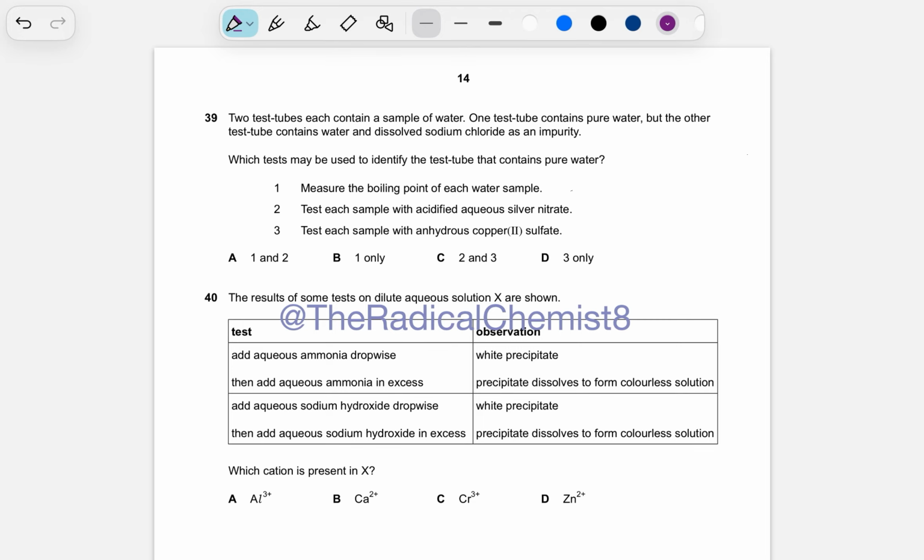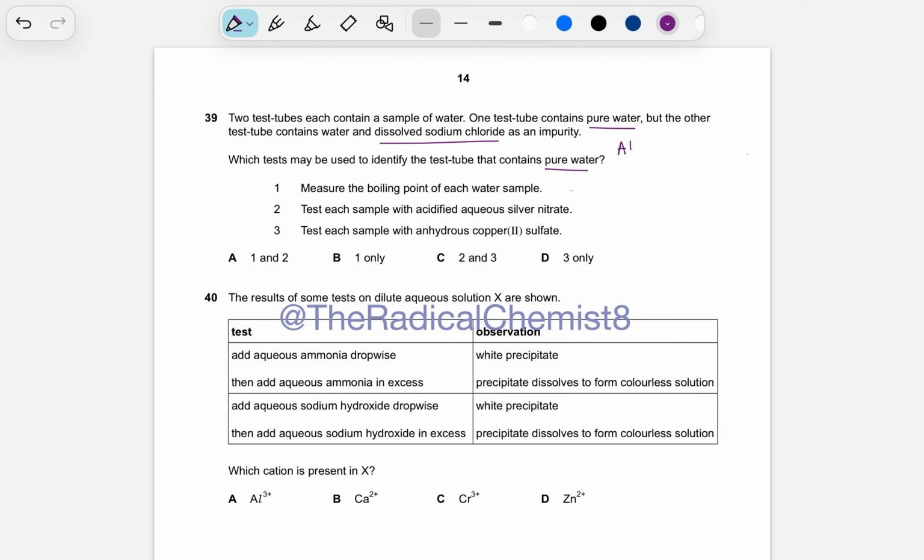Next, two test tubes each contain a sample of water. One test tube contains pure water, but the other one contains water with dissolved sodium chloride as an impurity. Which tests may be used to identify the test tube that contains pure water? So first of all, remember, pure substances have a sharp, definite melting and boiling point value.